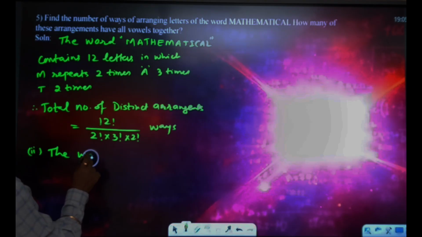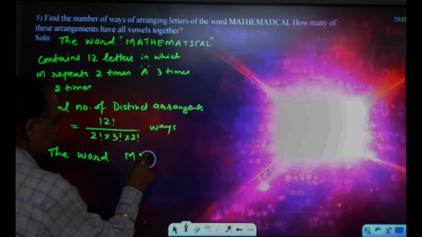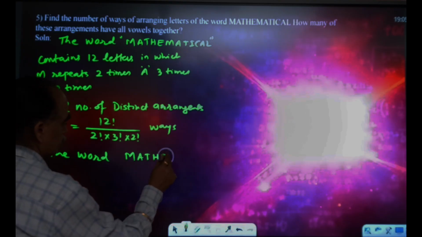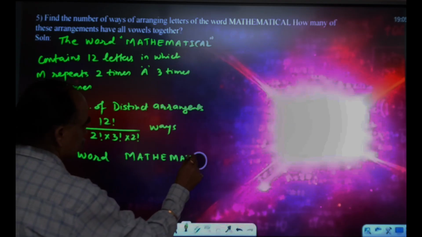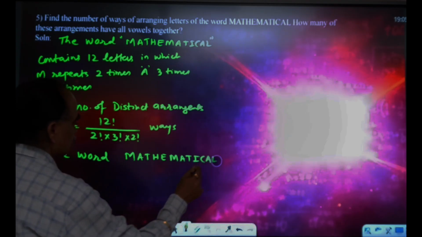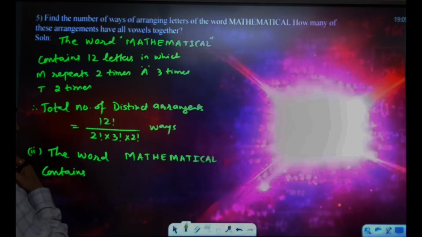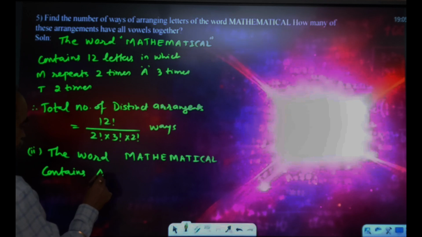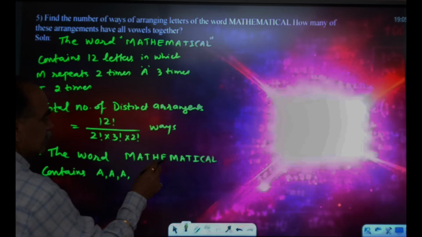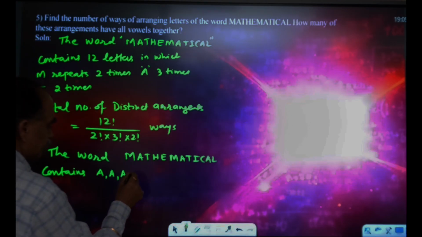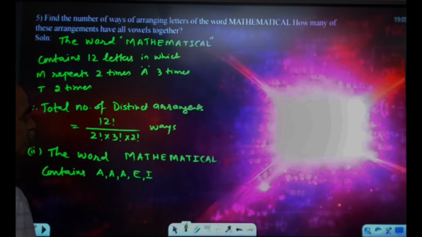The word mathematical contains A, A, A, 3 A's, E, I. Five vowels.